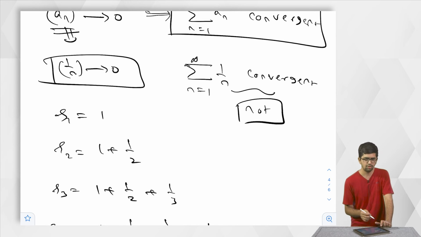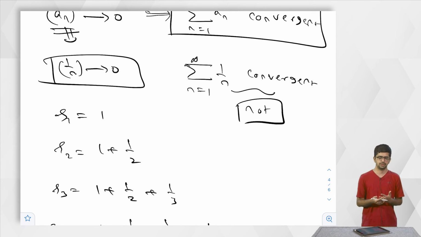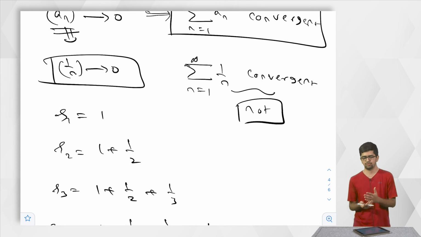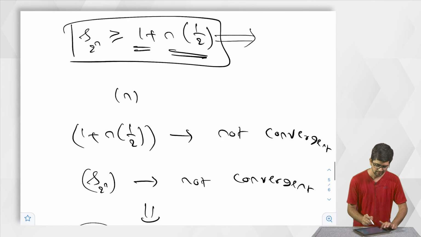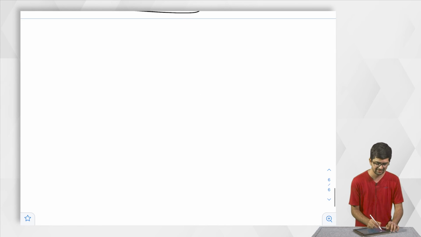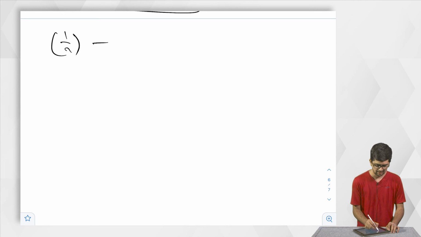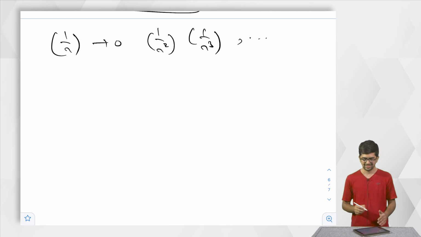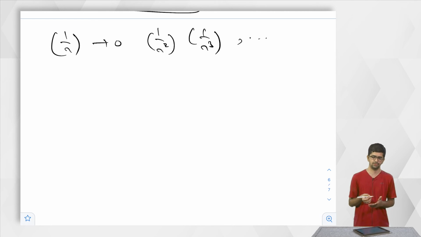We don't know other examples of sequences that go to 0. What are those? One is the sequence 1 by n, which goes to 0, and 1 by n power m, or 1 by n square, 1 by n cube, and so on. There is another class of sequences that go to 0 that we know.